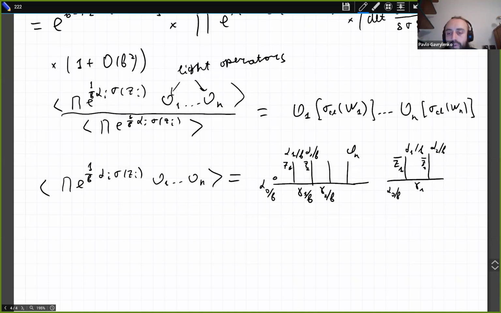Here we have gamma 1 over b again, so that the holomorphic and anti-holomorphic dimensions are the same. Some O1, some other fields. So these are conformal blocks.